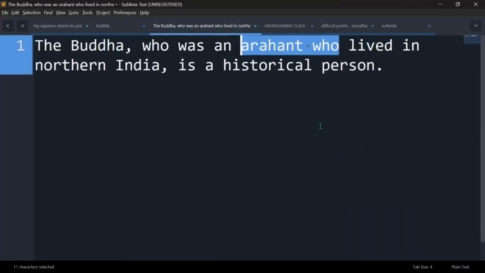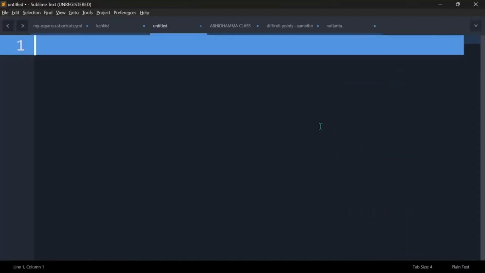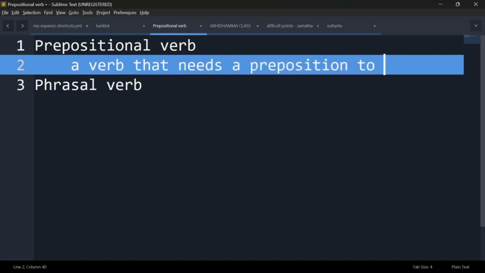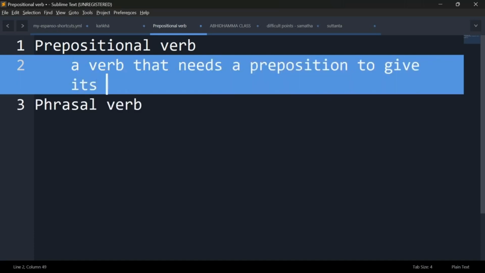Okay, so now it opened one more aspect. What is a prepositional verb and what is a phrasal verb? Pay attention, these things are not very easy. A prepositional verb is a verb that needs a preposition to express its meaning.